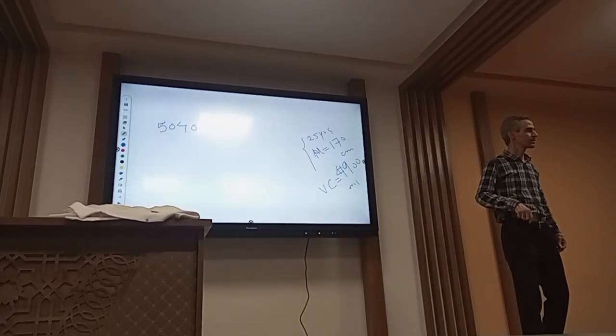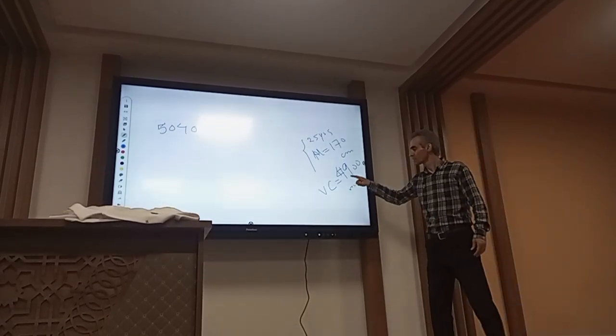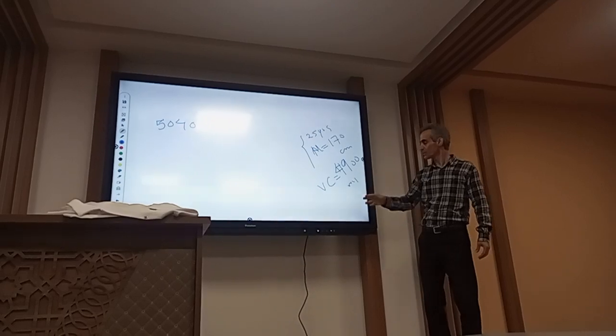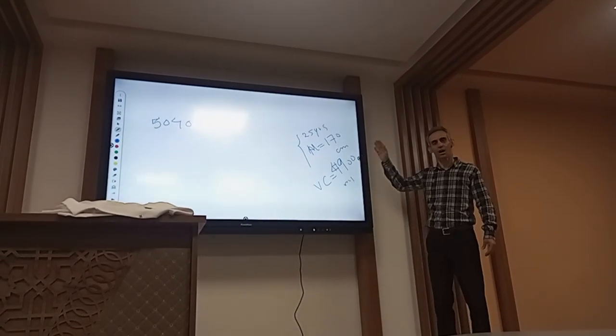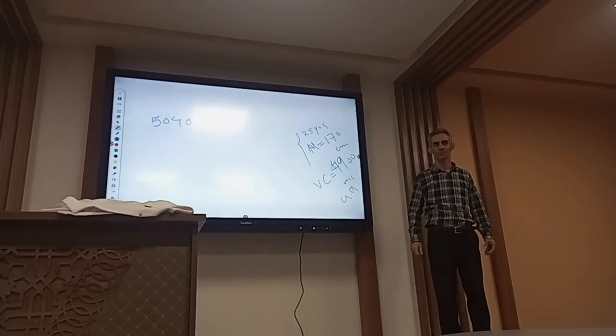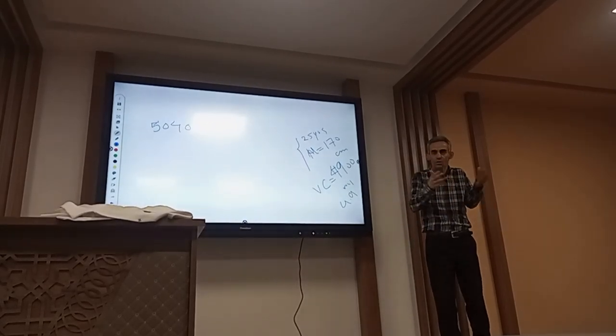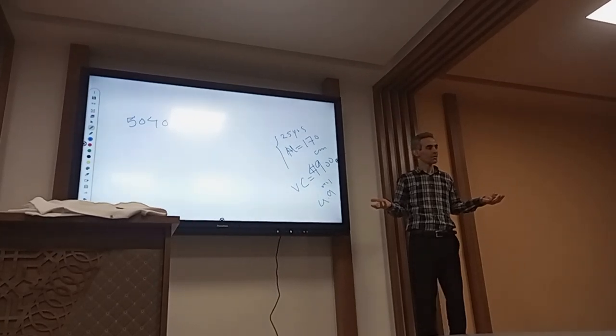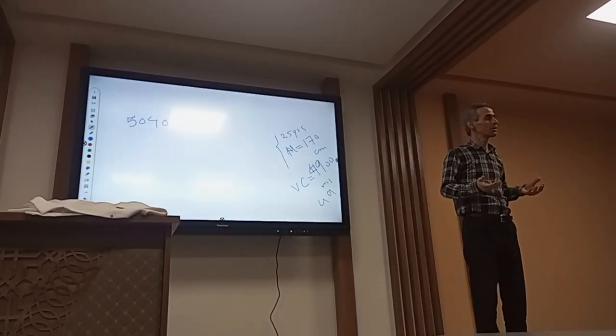For example, the vital capacity of this patient is 4,900 milliliter or 4.9 liter. Is it normal or not normal? Maybe it's normal.